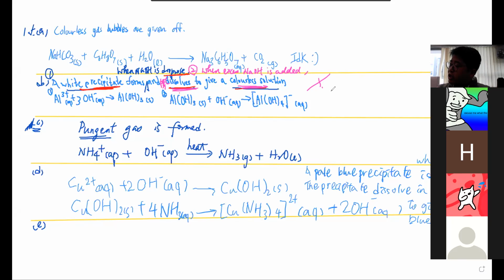While for the equations, you may find that, first of all, the aluminium ion reacts with hydroxide to form the precipitate, aluminium hydroxide. The colorless solution is due to the formation of complex aluminate. This happens when I add excess alkali, excess NaOH.